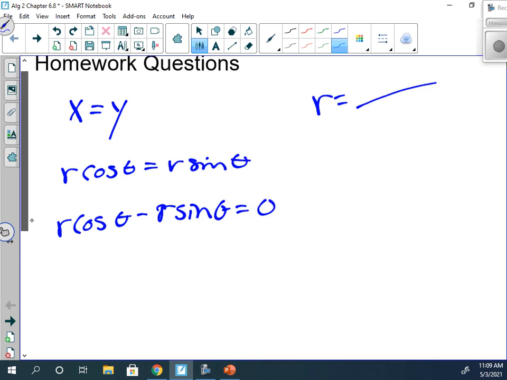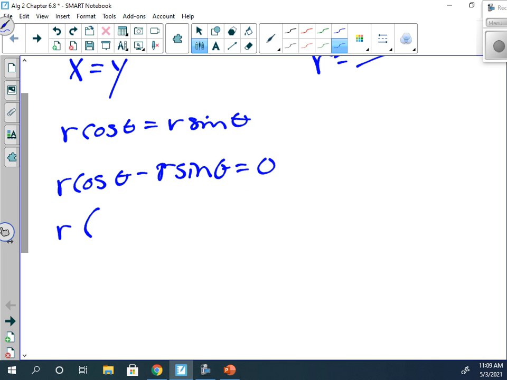So I move it over to the same side, which shows me I have r times cosine of theta minus sine of theta is equal to... make sure I did this right.